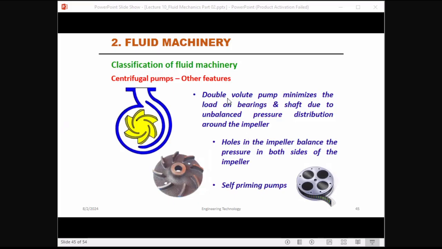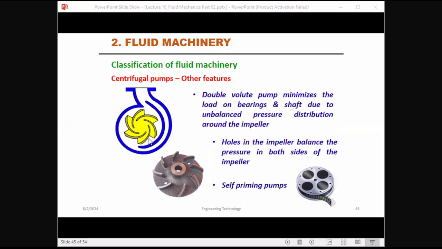The first one is the double volute pump, which minimizes the load on bearings and shaft due to unbalanced pressure distribution around the impeller. The double volute design incorporates two volute chambers within the pump casing.